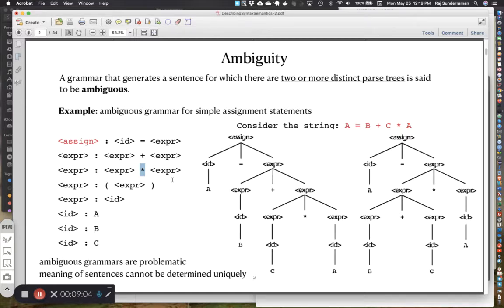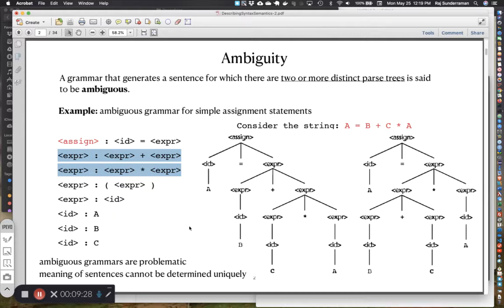Now you can see that it's a very symmetric definition. These two rules look the same except for the operator: expression plus expression or expression times expression. That symmetry should give you a clue that this can lead to ambiguity.